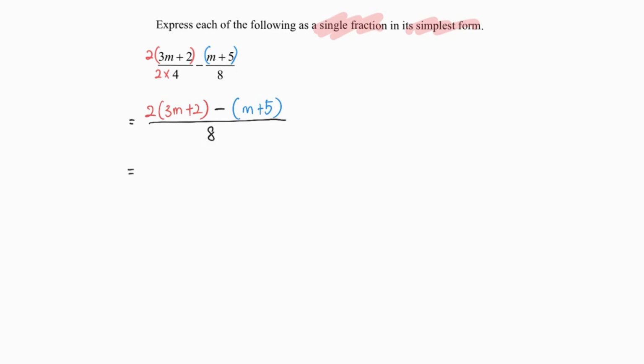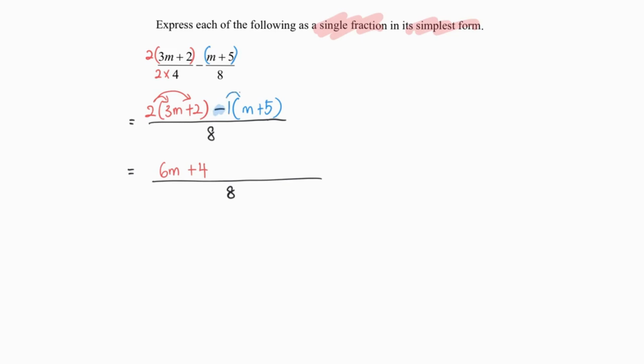Then it is at this point where I will simplify the top. 2 times 3, 6m, 2 times 2, positive 4, and take notice that this is actually a negative. And if there's no number in front, it's actually as an invisible 1.